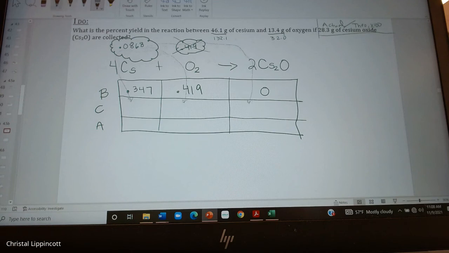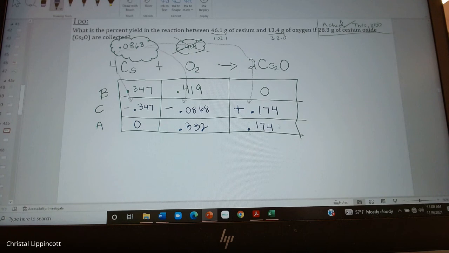I'm going to be forming product here, so it gets a plus, and I'm going to be using product here, so it's going to get a minus. All right, so those are my mole amounts.